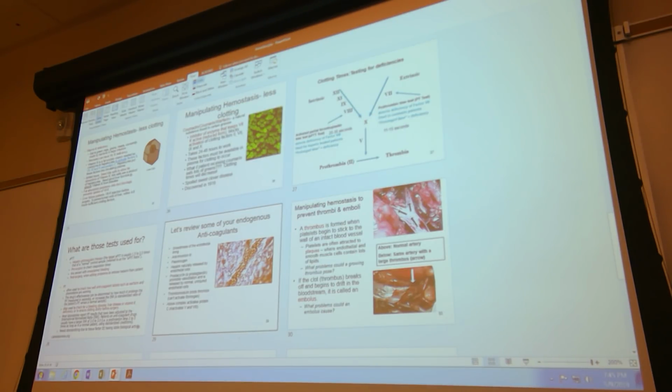A thrombus. One more thing. If there already is a clot, what do we give? Will heparin work on a current clot? Nope.